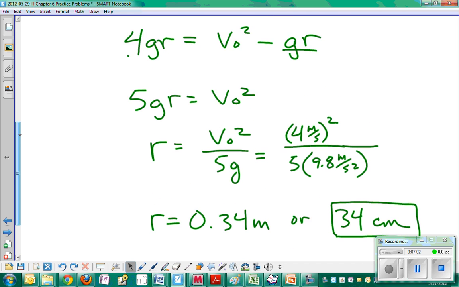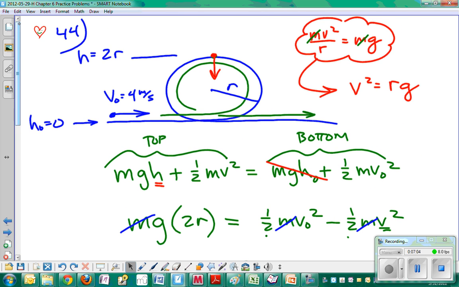So let's take a look conceptually how we ran through this problem. Number one, we had to combine 2 different ideas like we did with the skier on the hill. Conservation of energy and uniform circular motion. So putting those 2 things together, we came up with an expression for v at the top, or v squared, that we could relate to this v down here, and then solve for r, because r is going to determine our change in height.